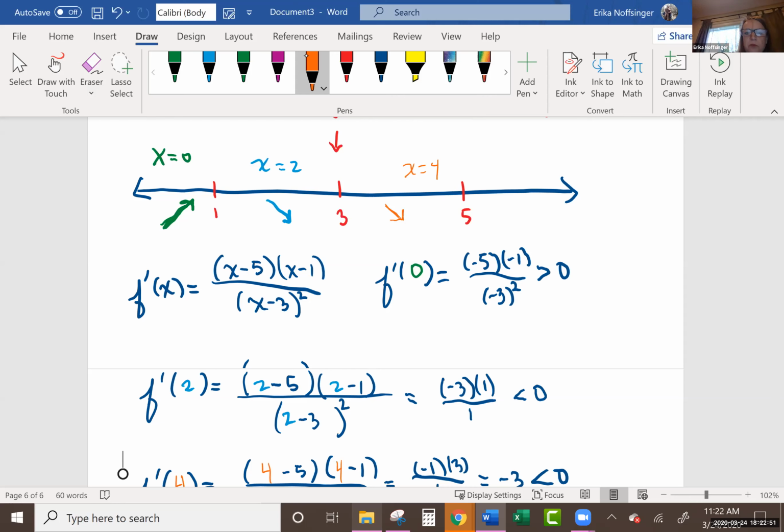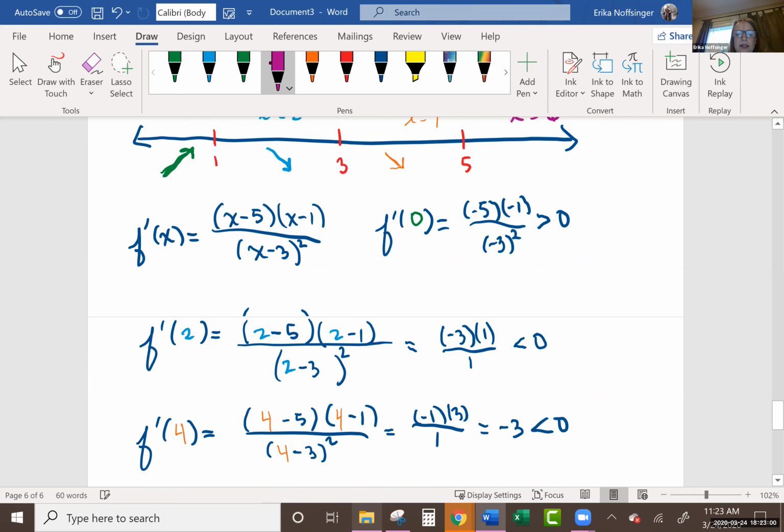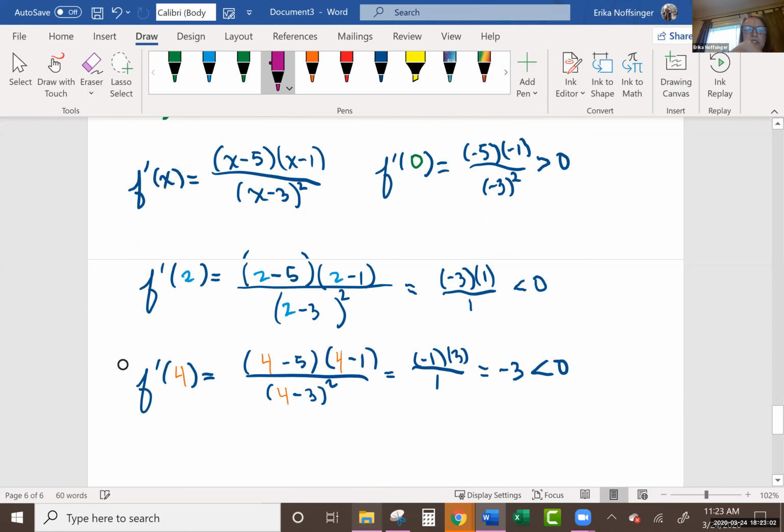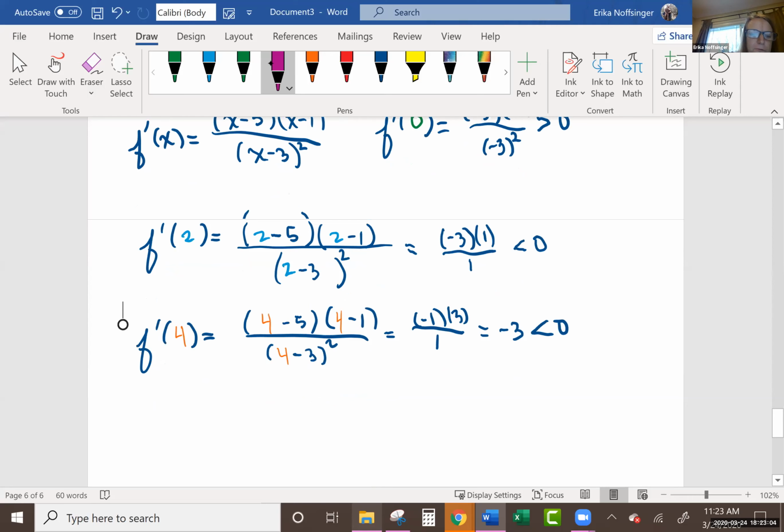And so one more number I need to choose. Let's say a number bigger than 5, so let's choose 6. And again, we're plugging that into our derivative function to see if it's positive or negative.